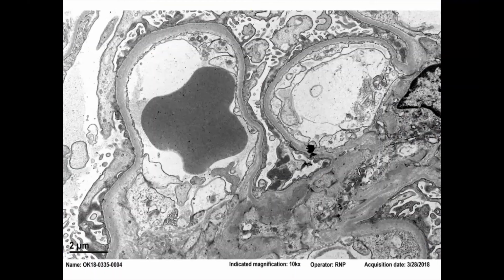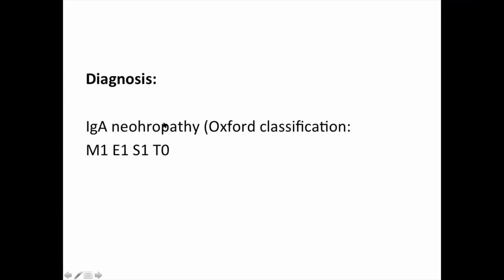Yeah. Right. So the IgA nephropathy, the Oxford classification, we look at the mesangial hypercellularity. And we look at the presence of endocapillary proliferation, mesangial hypercellularity either less than 50 or more than 50.